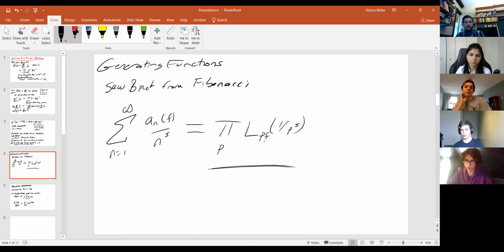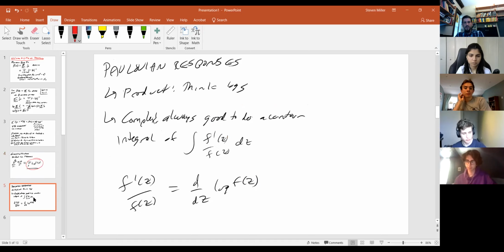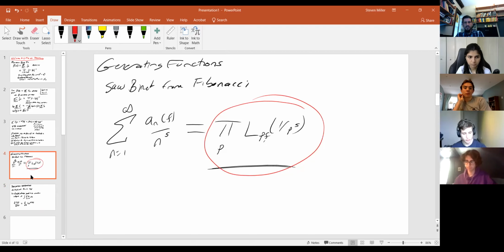This hopefully helps you understand why I insist that I have a product for my L function. Because I'm going to be doing logarithmic integrals. If I have to integrate the derivative of this divided by itself, that's a nightmare.